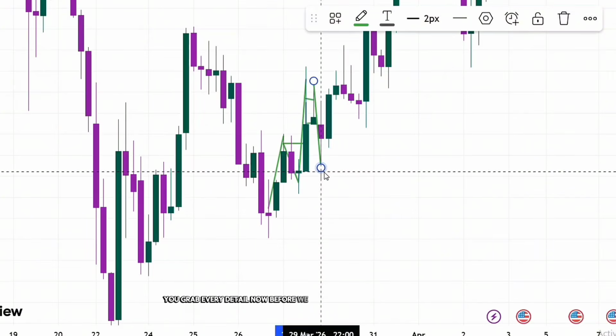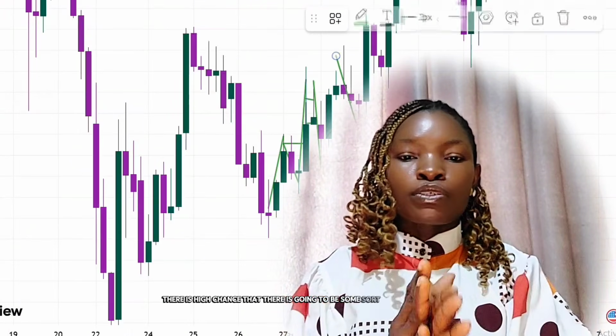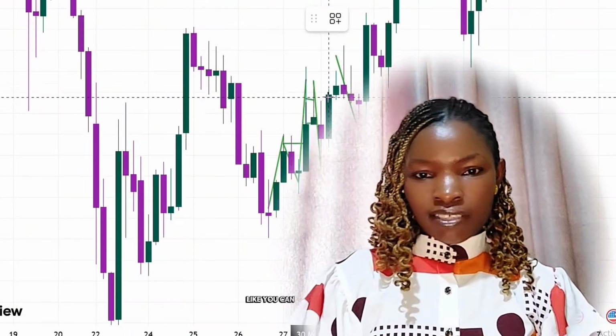Now, before we get to the 15 minutes time frame, you don't know exactly where the correction will begin to happen, but one thing you know for sure is that the moment price gets to that level that sellers are, there is high chance that they are going to be encountered. There is high chance that there is going to be some sort of challenge, like you can see here.